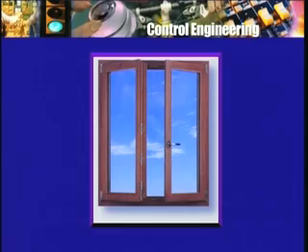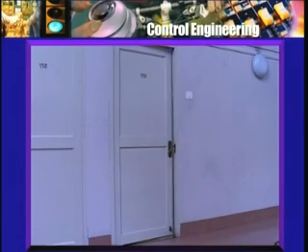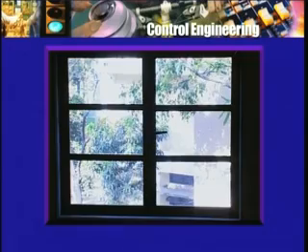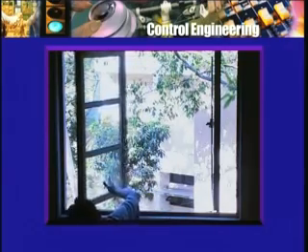But at a primitive level, even a window or a door is an example of a control situation. Think of a room or a house where there is no window but there is only a hole. So you have no control. But if you put a window, then you have some control. You can open the window or you can close the window, or you can even keep it partially open.